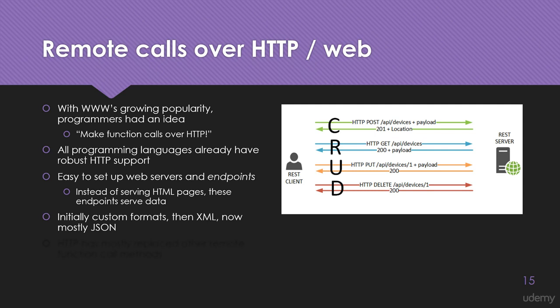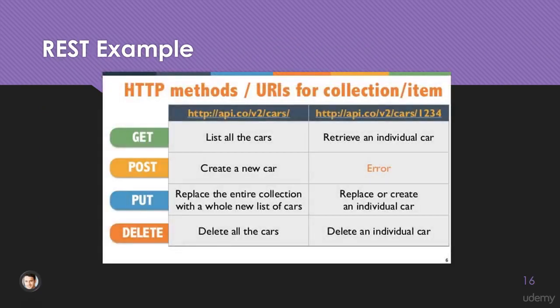So the idea is that your program calls a web server somewhere and gets, instead of HTML, data: either XML or JSON, and it processes that. And again, HTTP and REST APIs have mostly replaced other remote function calls, such as older technologies like Corba and things like that.